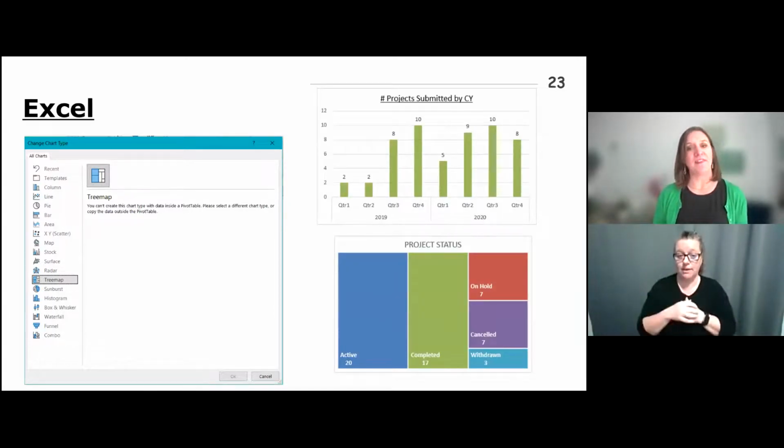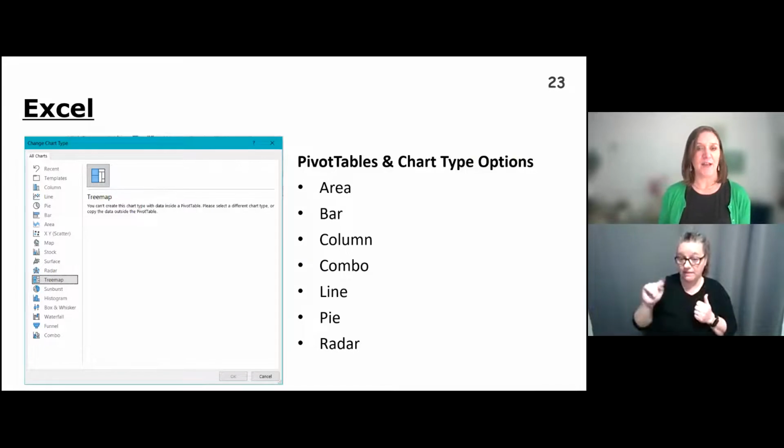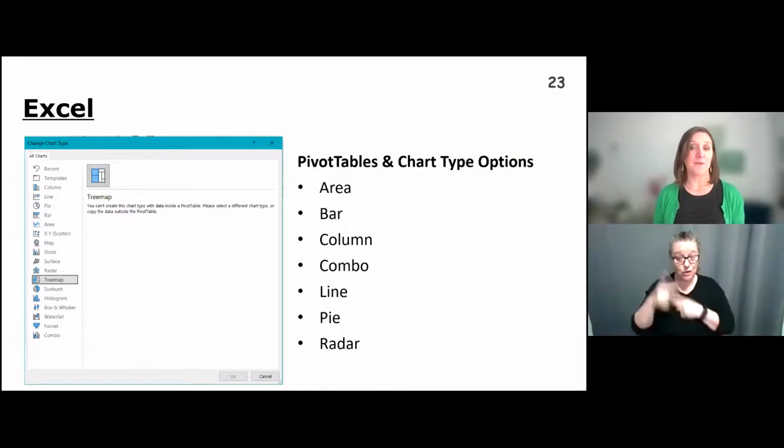So I would copy just the elements needed for the chart, paste it into empty cells, and then create the tree map. So these are the only types of charts you can create with pivot tables. So if you need or want other chart types, you'll need to copy paste the relevant data, but not the entire table, into empty cells.